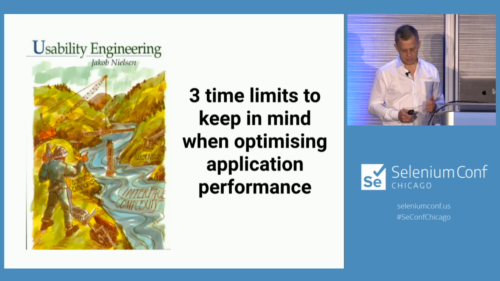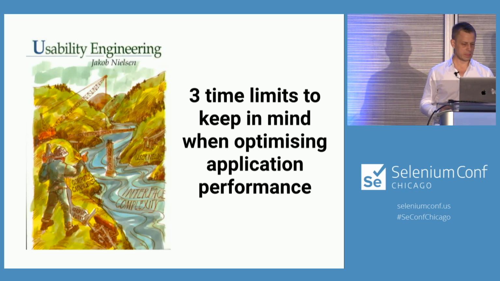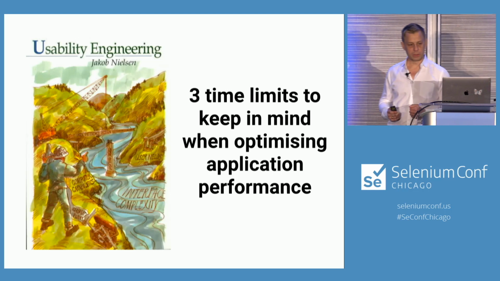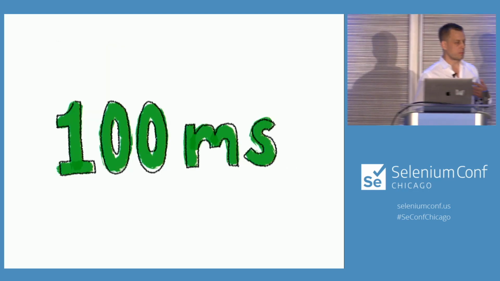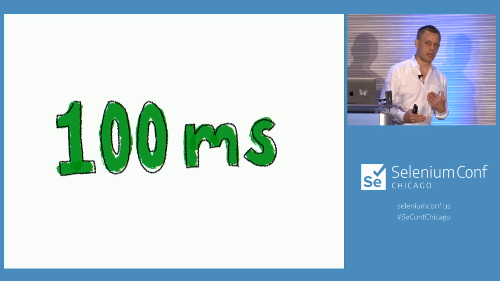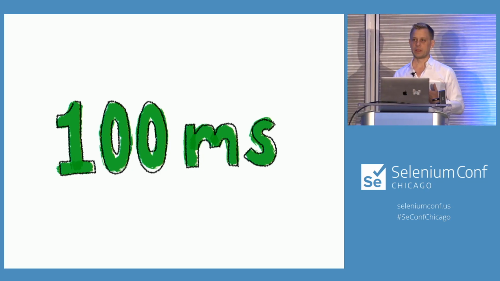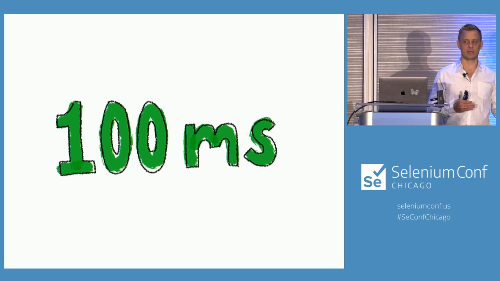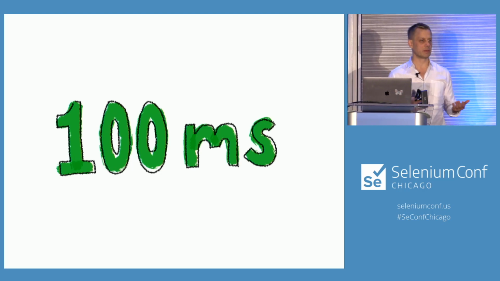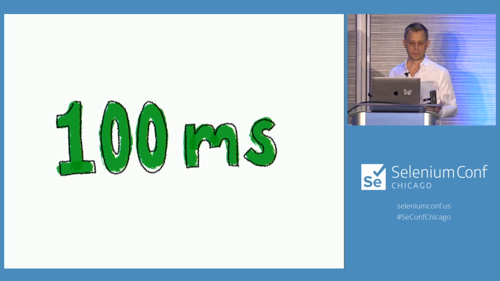So the 3 time limits that Jakob Nielsen talks about is, well, the first one is 100 milliseconds. If you imagine a person sitting in front of a computer, if they can get feedback within 100 milliseconds, they feel like the system is responding instantaneously.